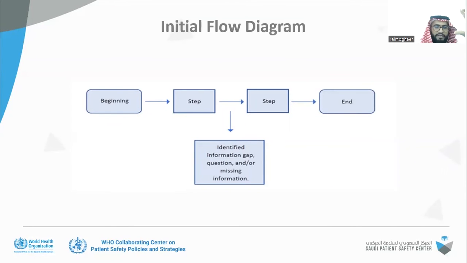After identifying the information gap, we should formulate the questions to fill this gap, and afterwards add the missing information to the initial flow diagram. This initial flow diagram will be with us each meeting and will be filled each meeting until we come up with the final flow diagram.